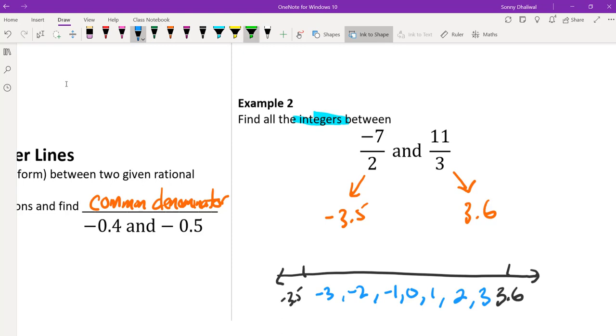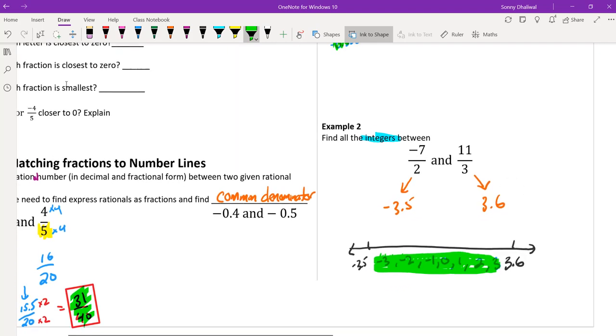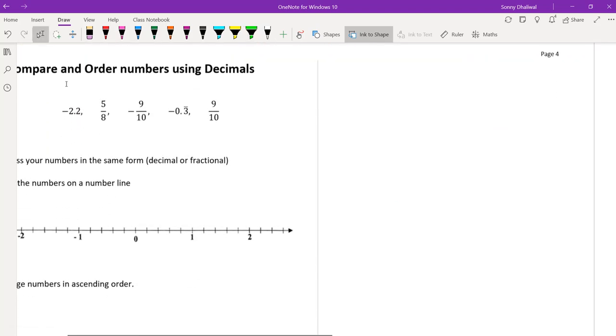So those are the integers in between there. All right? That's it. I don't think the difficulty level of these questions is very hard, but it's just knowing the terminology. Okay.